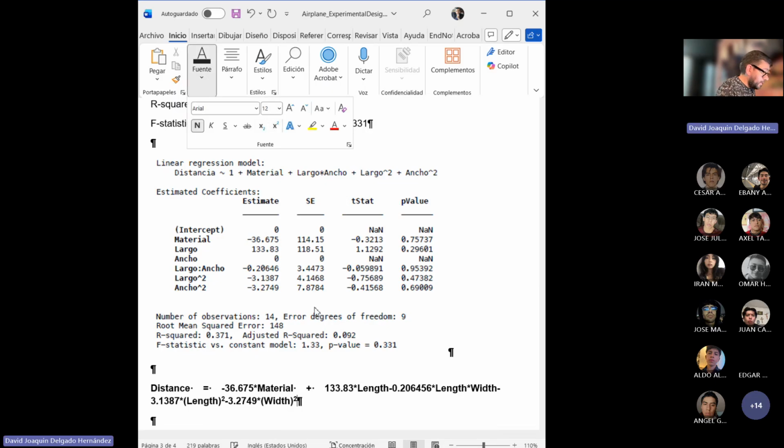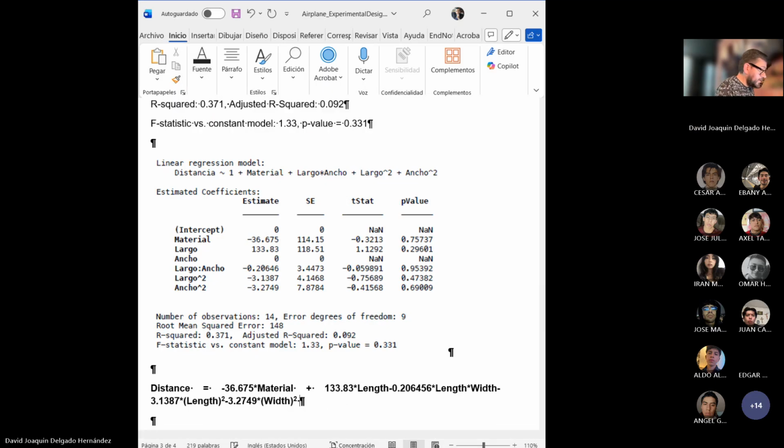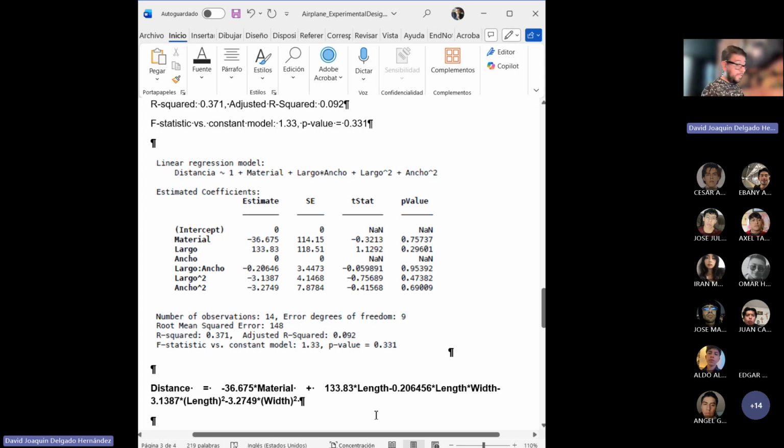Okay. Very good. So let's go back to the Excel. Any questions about this model? How I get this model? I am just taking these coefficients for this model, which is a quadratic model because it is considering the second power of the length and the width.